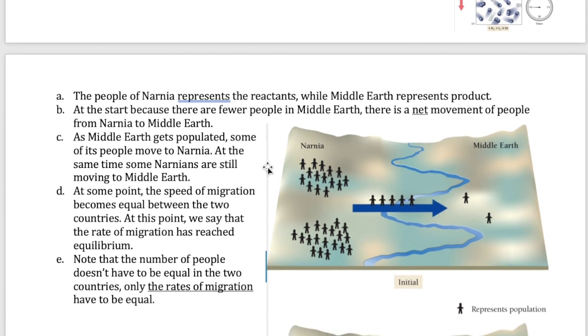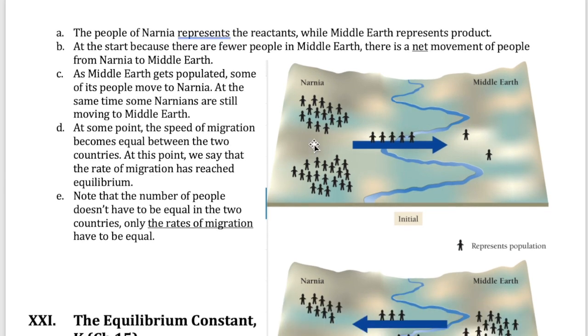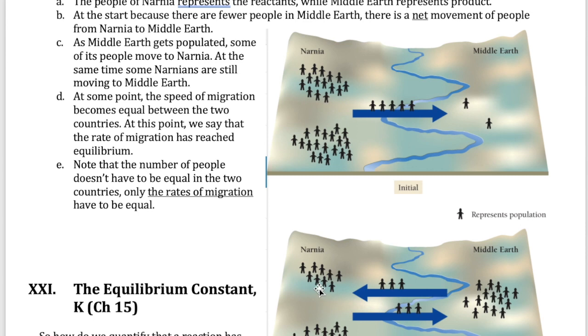Here's an analogy to chemical equilibrium. Let's say at the beginning you have a lot of people on one side, which is Narnia in this case, and some of those people start crossing over to the other side, which is Middle Earth. You can consider this to be your reactant, that to be your product. So at the beginning of the reaction, there's a lot of reactants, very few products. As the reaction progresses, you would have more people crossing over this side, right?